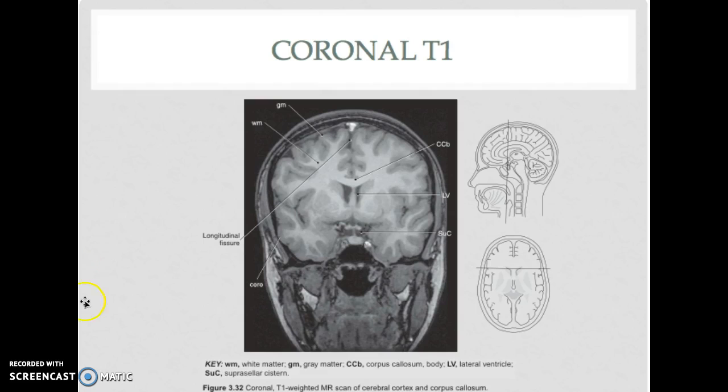All right, so here is right down the middle. So we are just in the body of your corpus callosum. Callosum, easy for me to say, can't say it fast. Here's your suprasellar cistern. This is your pituitary gland here. In the fat in between is your suprasellar cistern, and your optic chiasm is right up above.